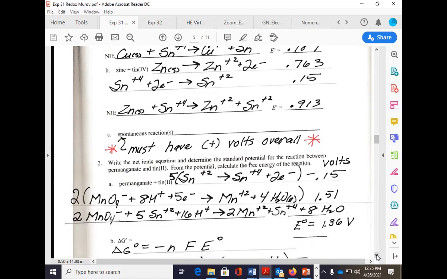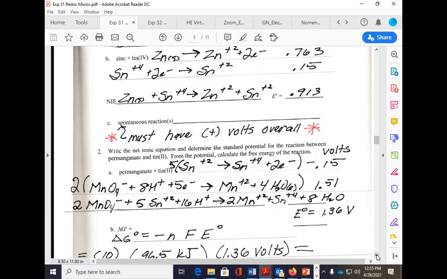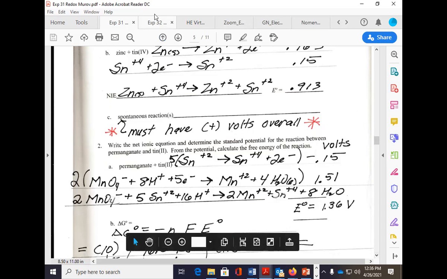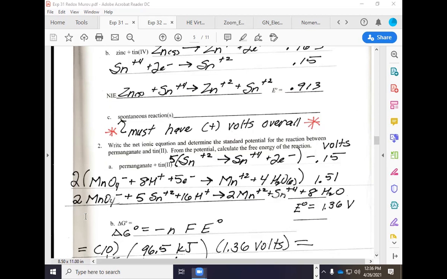Okay, there's a little equation here to get free energy. N is the number of electrons.